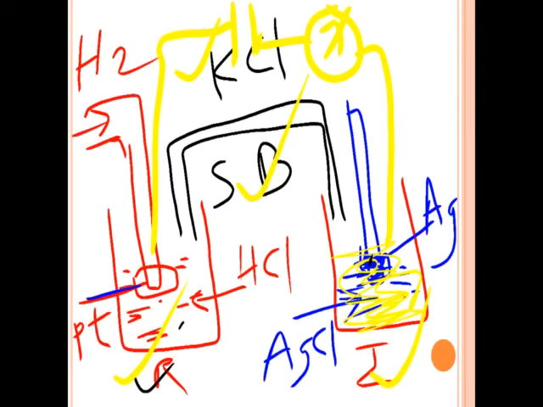As I have told, the potential difference given by the reference electrode is constant. It is said to have 100% of the potential difference. Throughout any reaction, any titration, the potential difference of the reference electrode remains 100%. It does not change with the addition of any sample or analyte.